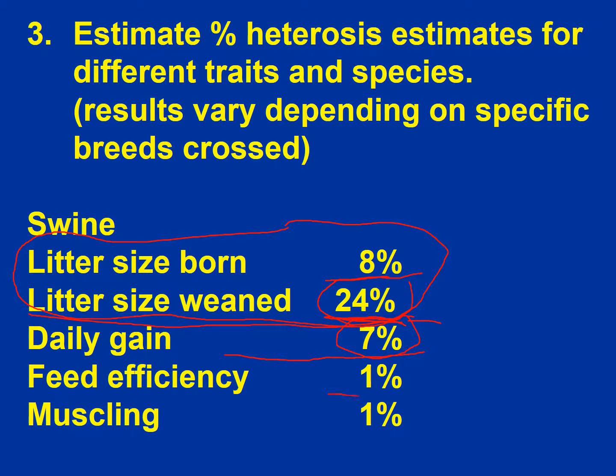Feed efficiency, generally no advantage, and we generally see very little advantage, although depending upon species, estimates are out there from 0% up to maybe 5% from different studies. Muscling in the carcass, 1% really isn't all that much different than 0. We crossbreed pigs really to get the advantage in number of pigs that we're going to sell per sow bred.